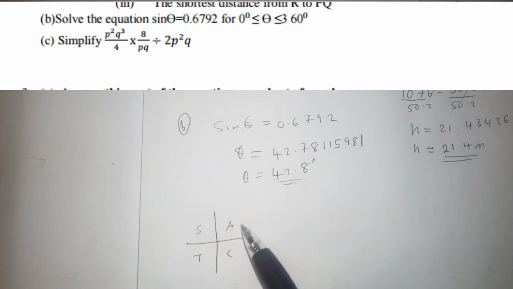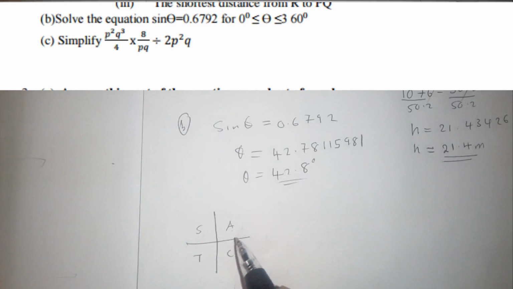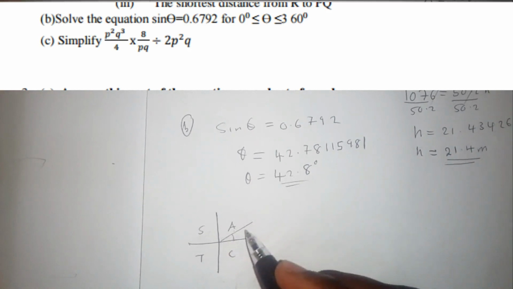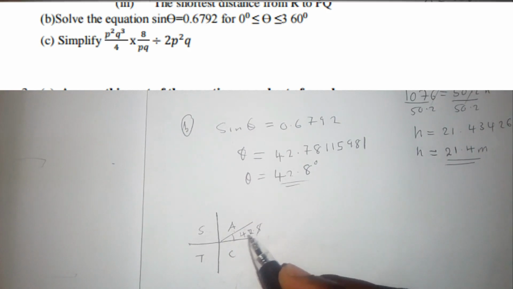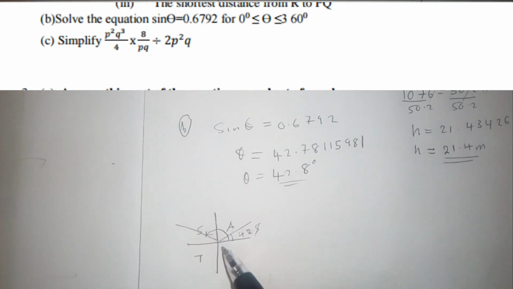Here all of them are positive. Here only sine is positive. Here only tangent is positive. Here cos is positive. So for us to find the answer, this angle here is what we have found somewhere here. We also need to find where sine is positive, from here to here.